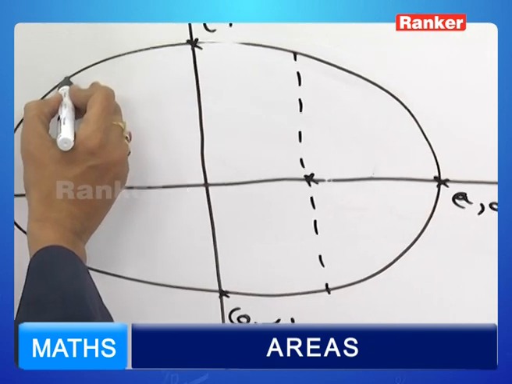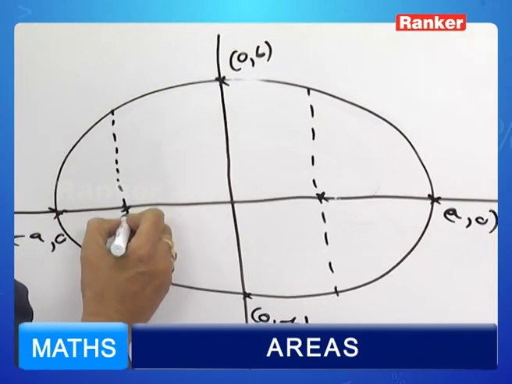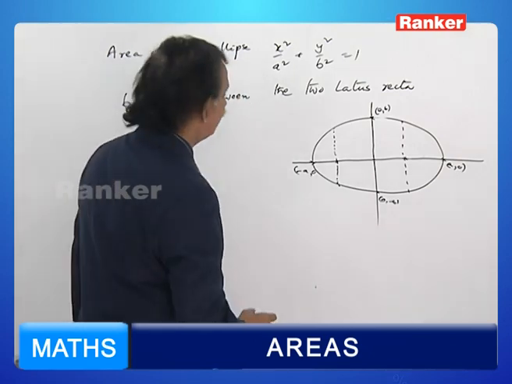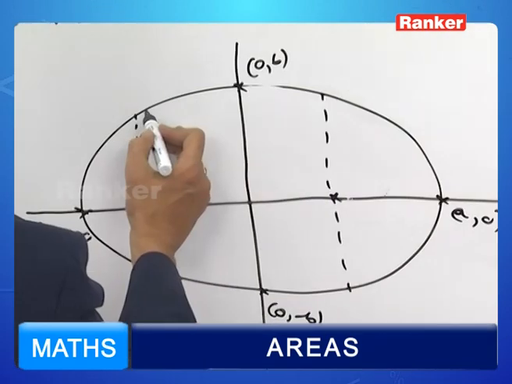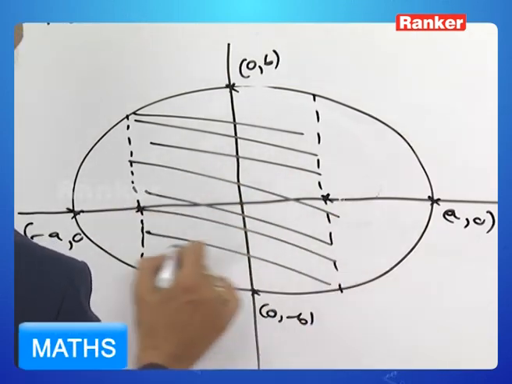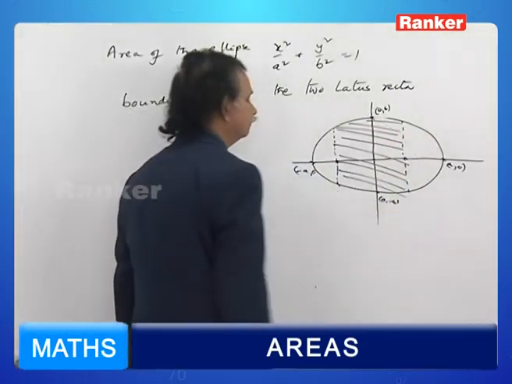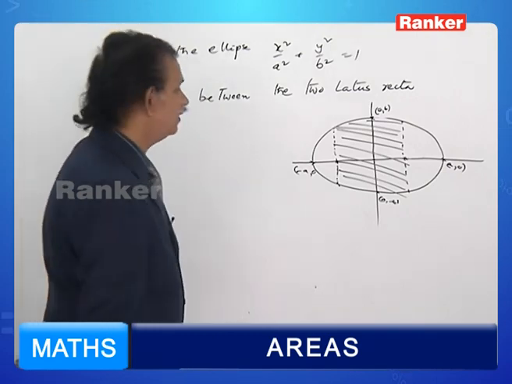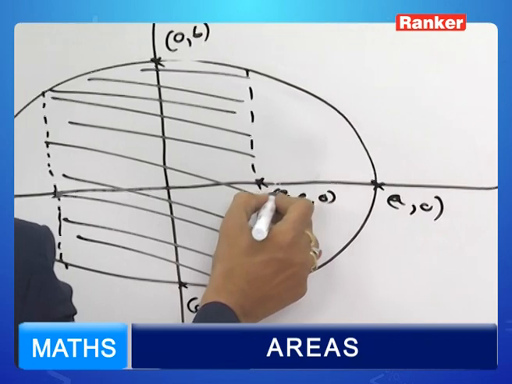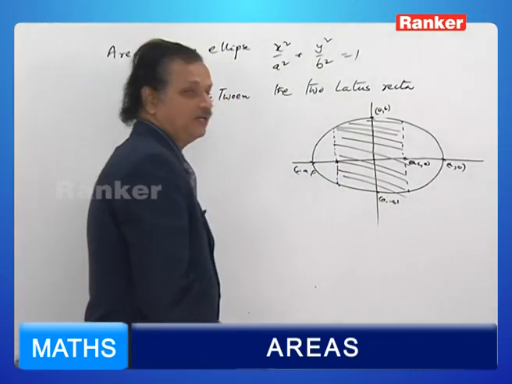Another latus rectum, which exists by the symmetry of the figure, is this, and we require the area between these two latus recta. This is the point AE, 0 and this is the point minus AE, 0.